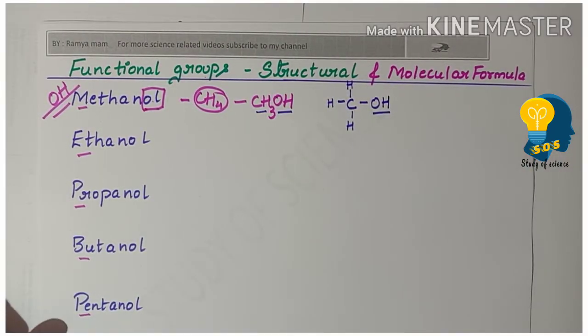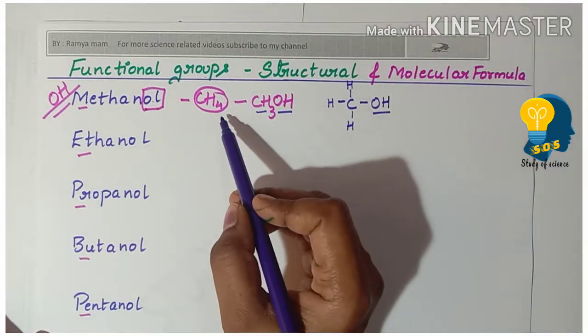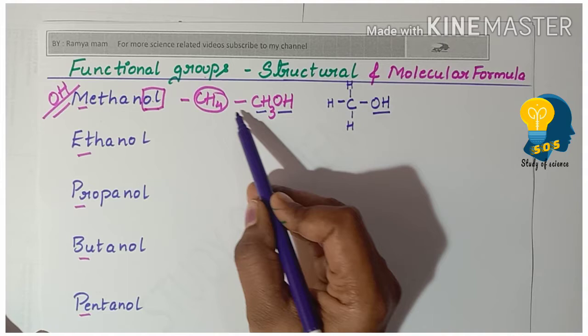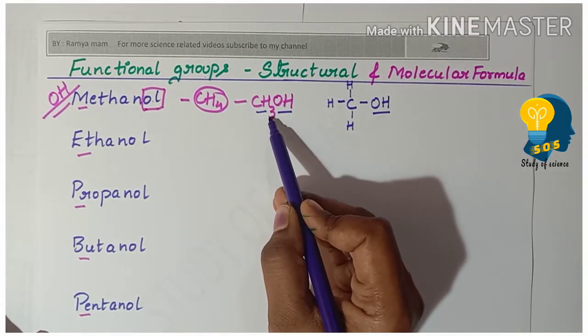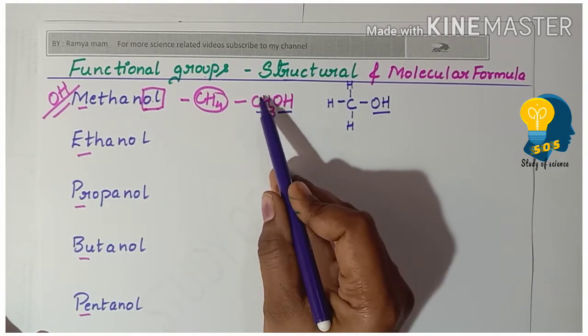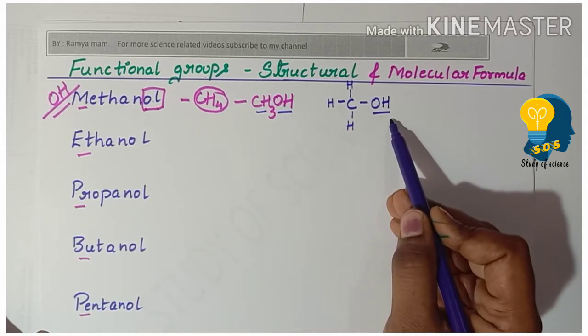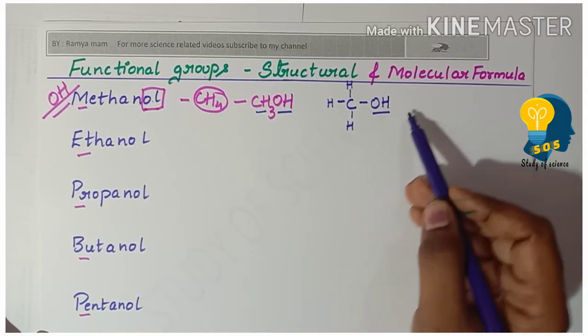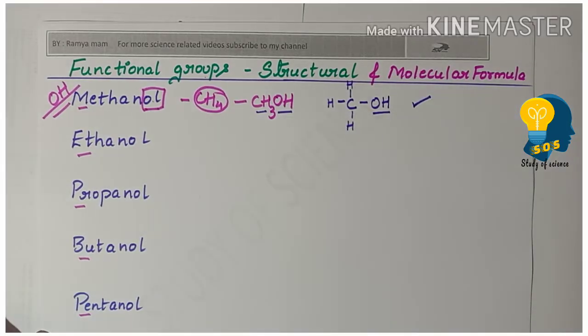This is how we write the structural formula for methanol. As I told you, from the methane we are removing 1 hydrogen, it becomes methyl. For this methyl, we are adding the OH, that is the suffix. So this OH is the functional group alcohol. By looking at the molecular formula, we can easily write the structural formula. Very easy, right? Now moving towards the next one, that is ethanol.